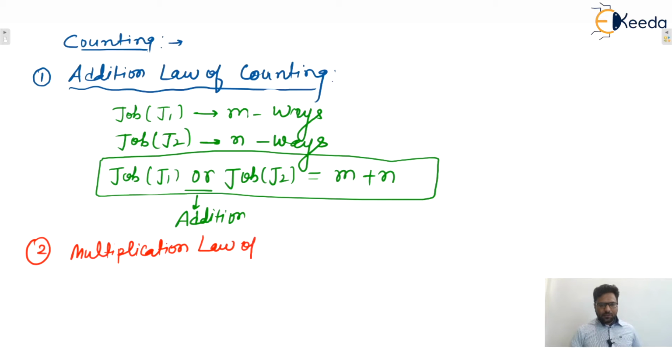The multiplication law of counting says, in the same way, let's say job J1 can be done in m number of ways. Similarly, let's say job J2 can be done in n ways.